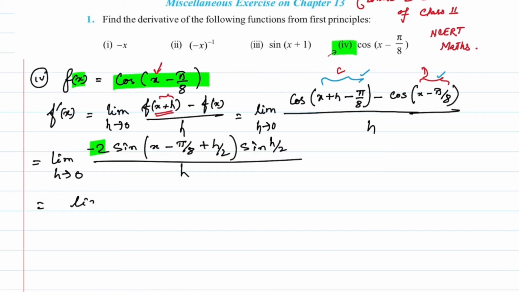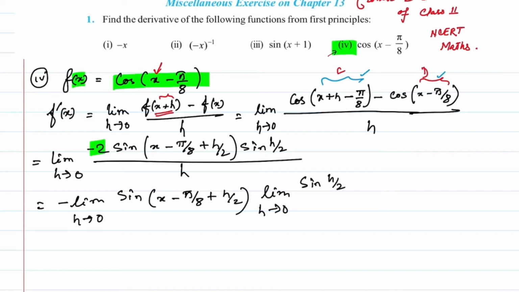Then limit, with the minus sign here, h tends to 0, sine of x minus pi by 8 plus h by 2. So limit h tends to 0, we can write sin of h by 2 divided by h by 2. This 2 is written here, h by 2, and we have separated this part.